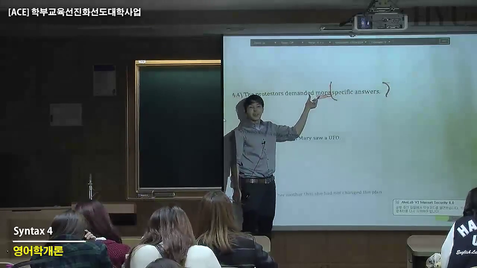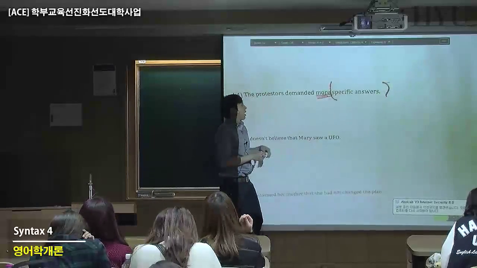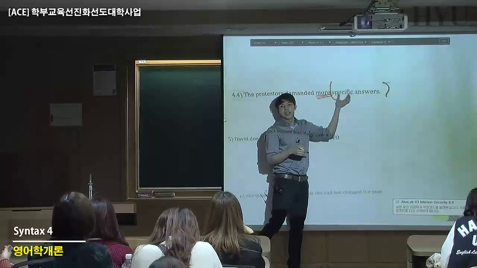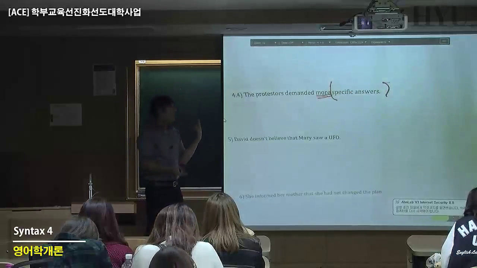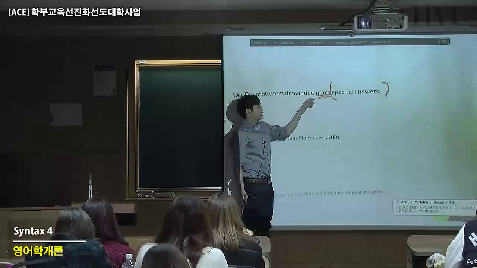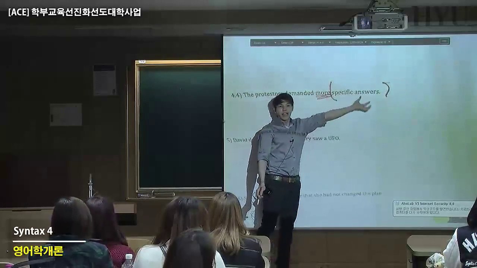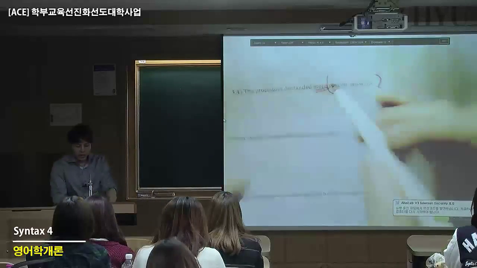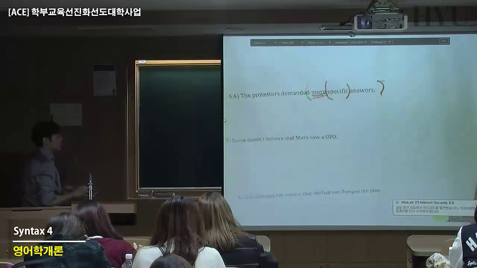So more is the determiner of answers, and specific is an adjective phrase. That's one reading. In the second reading, more and specific go together. So there are two readings.